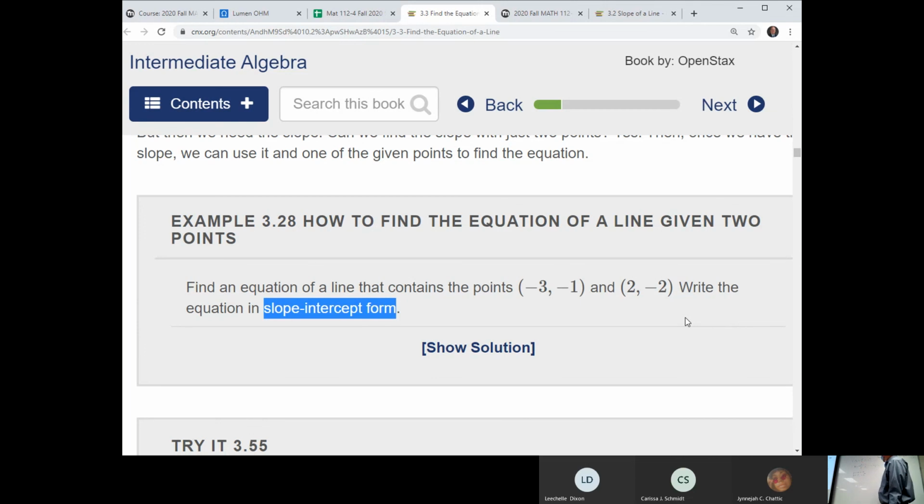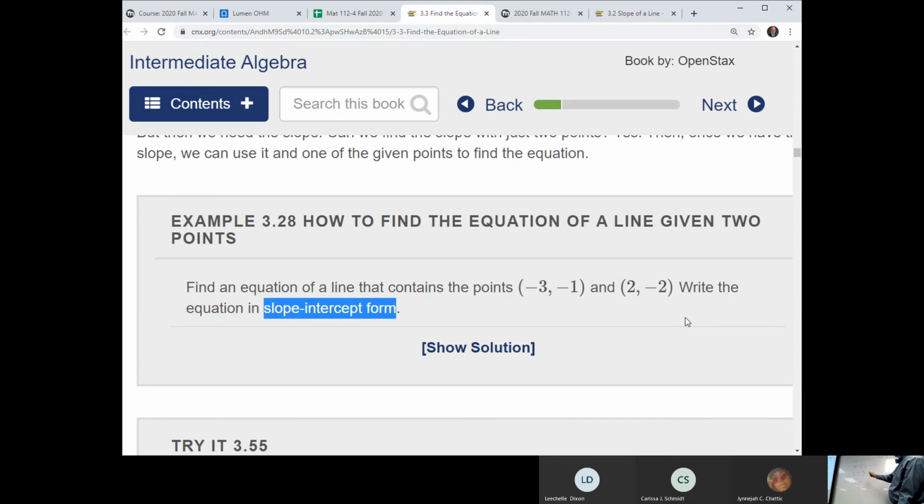What is b? Looks like b is 0, right? Add 2 to both sides, 0 equals b. So I think my formula is y equals -x.